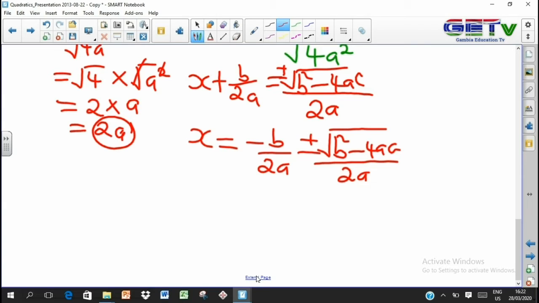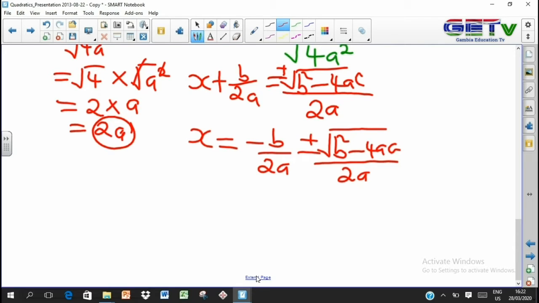If you compare these two terms that you have on the right-hand side, that is negative b over 2a plus or minus the square root of b square minus 4ac all over 2a. If you compare them, you realize that there is something that they have in common. And what is that? They are having a common denominator. And again, when dealing with fractions, you are told that if the denominators are the same, you can operate their numerators by either adding or subtracting.